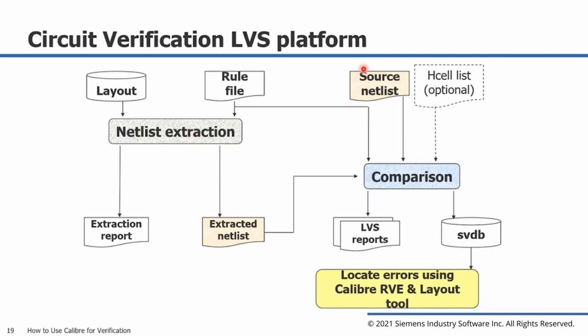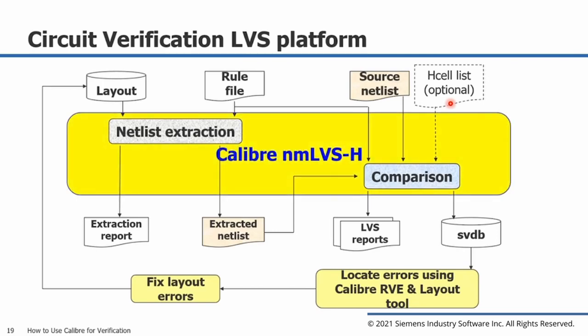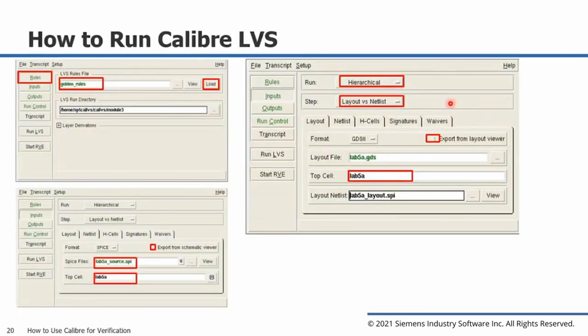Layout versus schematic. How to run LVS. Here you can see in the Calibre Interactive, you just load the rule file, insert the SPICE netlist file from the Verilog, insert the top cell, and select whether you want hierarchical or flatten.